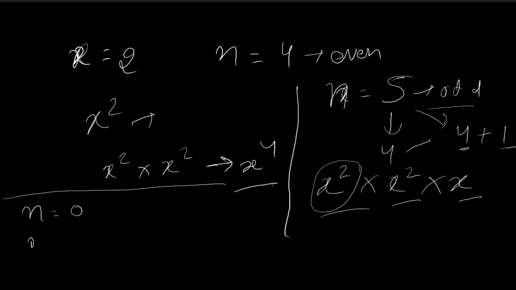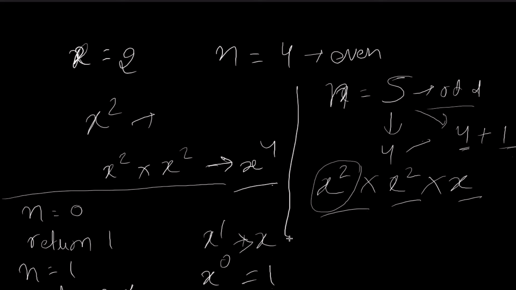So you will return 1. If your n is 1, you should return x, right? Because x raised to power 1 is x, and x raised to power 0 is 1.